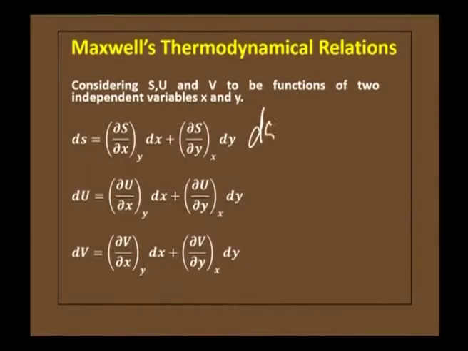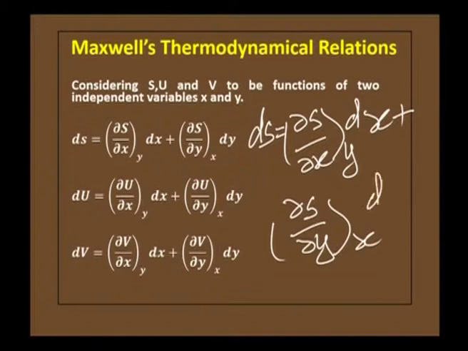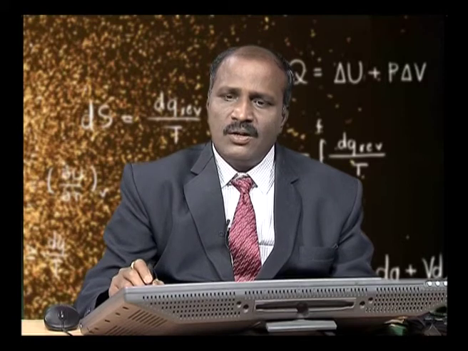Therefore, I can write dS is equal to, where dS is the change in the entropy, keeping the independent variables x and y, and by differentiating we have dS is equal to ∂S/∂x at constant y into dx plus ∂S/∂y at constant x into dy.